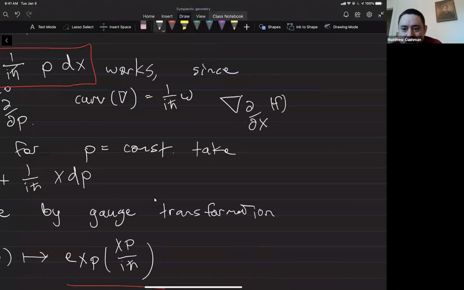Oh, I see what you're saying. So it's like, if we had chosen that for our connection, then the polarization would sort of be given, but would have to be P equals constant. Right.